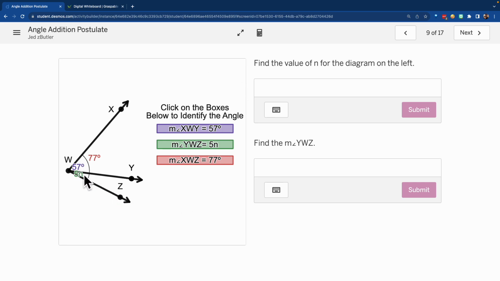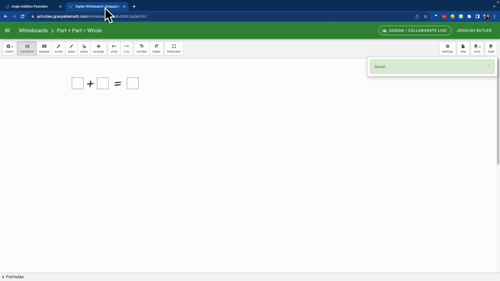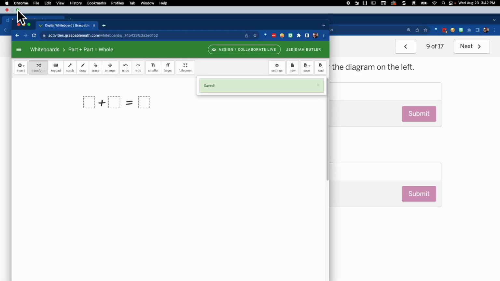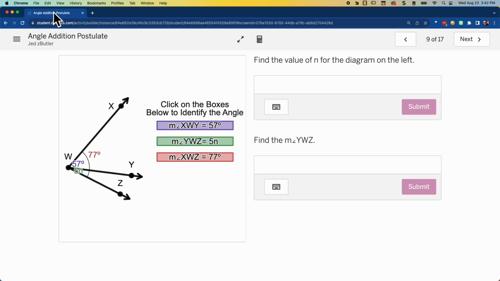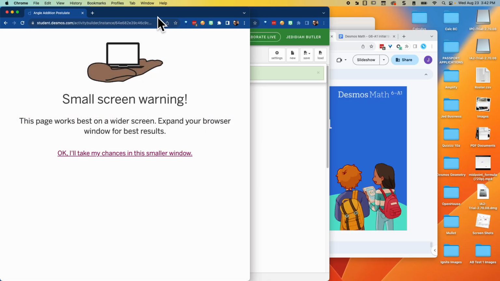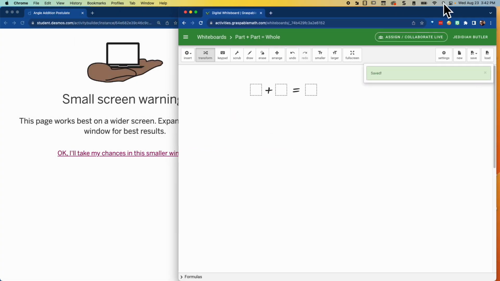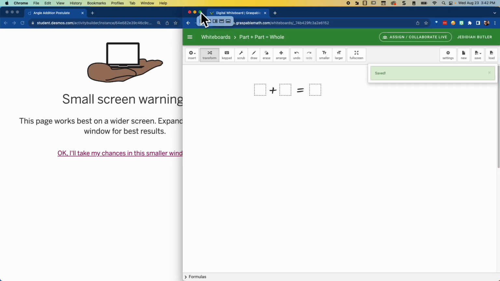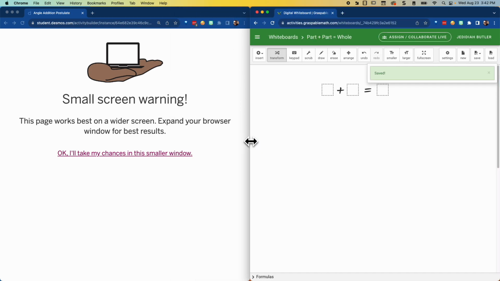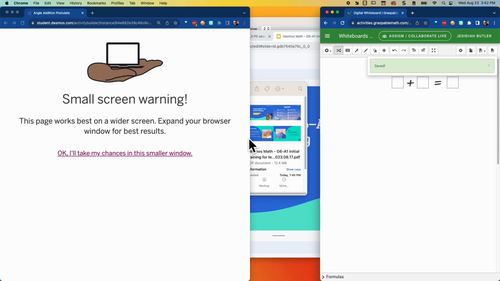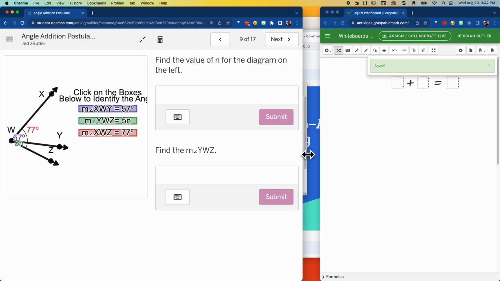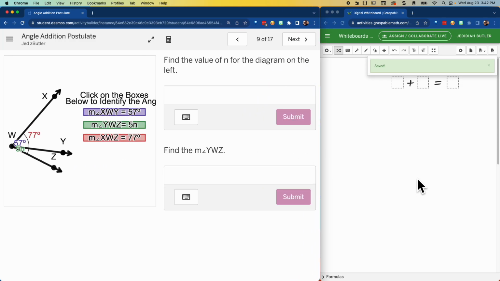Now, in all of these equations, we're going to have this kind of setup, and I'm actually going to pull this down, pull that over, and I'll put this one on the left, put this one on the right. And we can zoom over just a little bit. Awesome, that looks good.